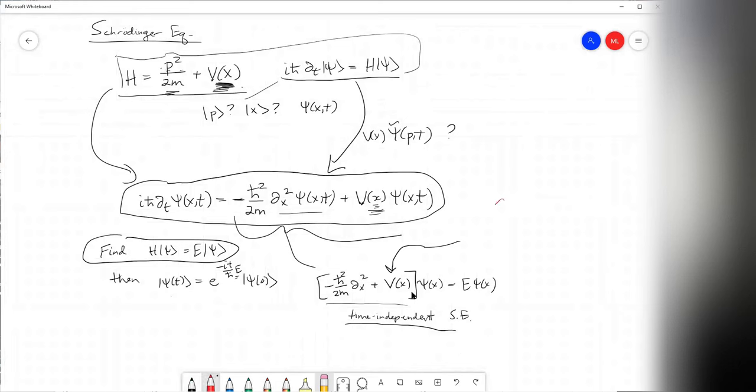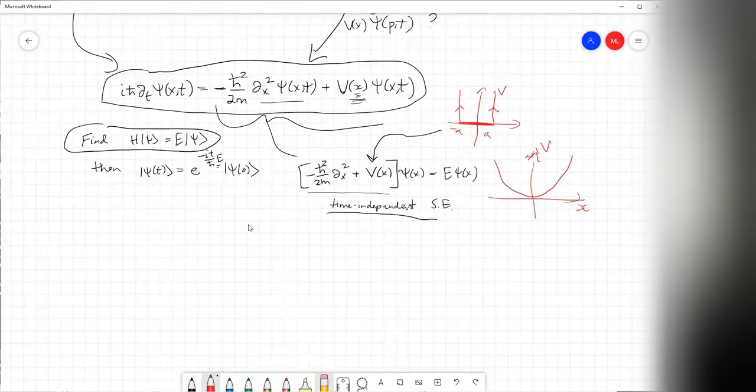People do the infinite square well, where your potential shoots off to infinity and is 0 over some interval. There's also the classic one, which is a quadratic potential, right? And this is the quadratic potential, that's the harmonic oscillator. There's lots of examples that we're going to do, but that's later.